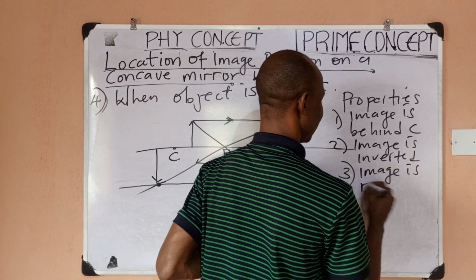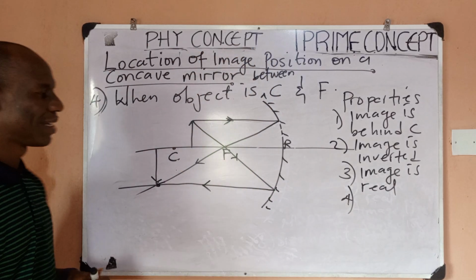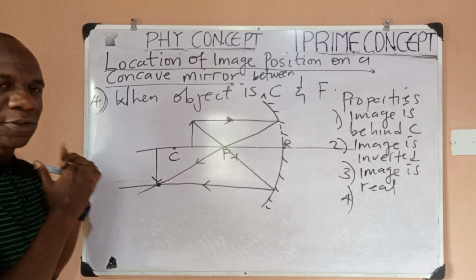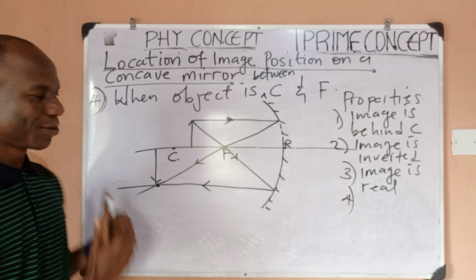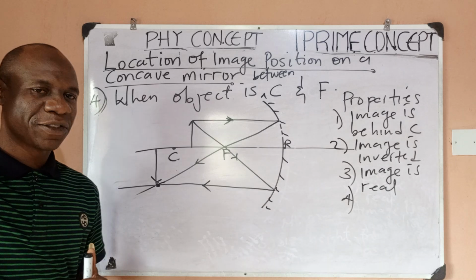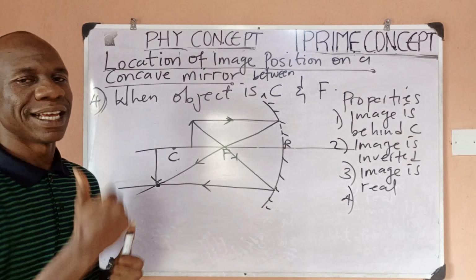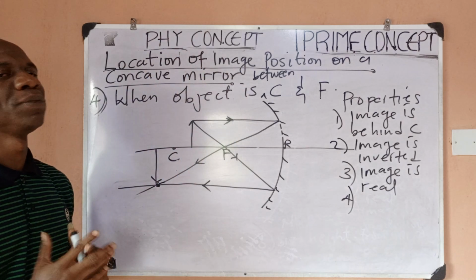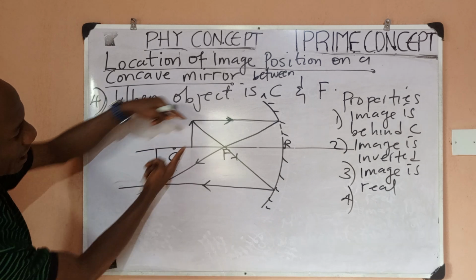Image is real. Number four, can we still see another point? Yes, very important. It is from this point you begin to get a big image. Remember the previous point, our image was the same size as our object, after which the image in this position would become bigger. You can actually see it. Compare this length to this length.